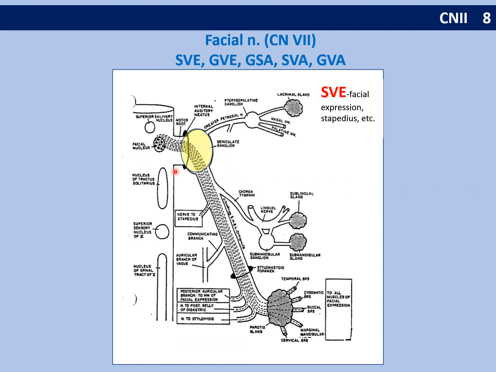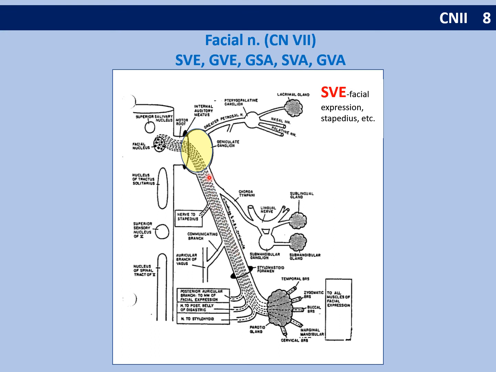You don't need to know this facial nerve nucleus, but you do need to know that these SVE fibers, special visceral efferent fibers that originated with the facial nerve, travel through the facial canal. That facial canal is the very same facial canal that we saw bulging into the middle ear on the other side of the labyrinthine wall.